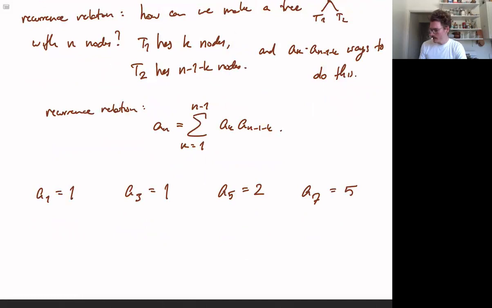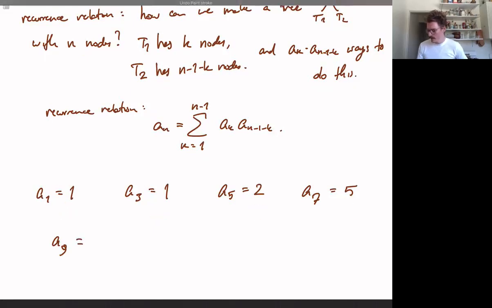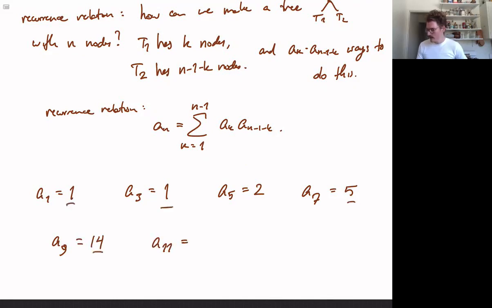And then if we do a couple more examples, let me blaze through it a little bit. a9 is 5 plus 2 plus 2 plus 5, which is 14. And a11 is 14 plus 10 plus 4 plus 10 plus 14, which I forget, but I wrote it down. It's 42, and so on.